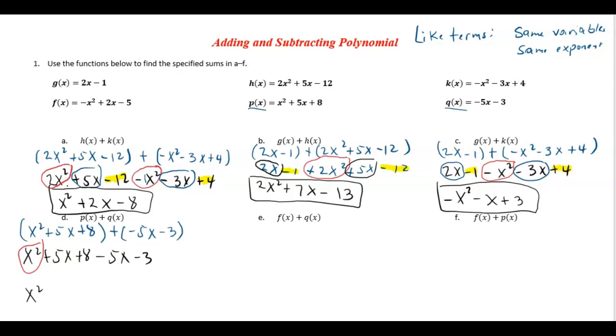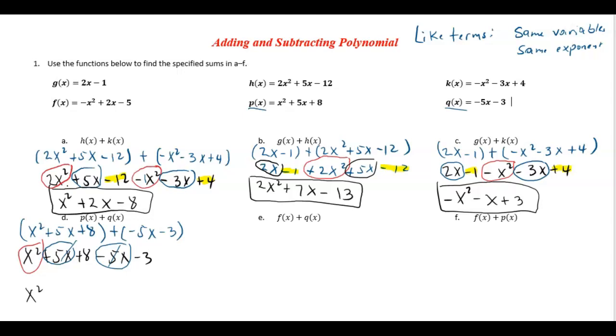Then we check the next one. We got plus 5x and negative 5x. So we combine these two. Plus 5 minus 5 is 0. Those are cancelled. If the things are the same, just a different sign, they cancel each other. These are 0, so we don't have the x term.